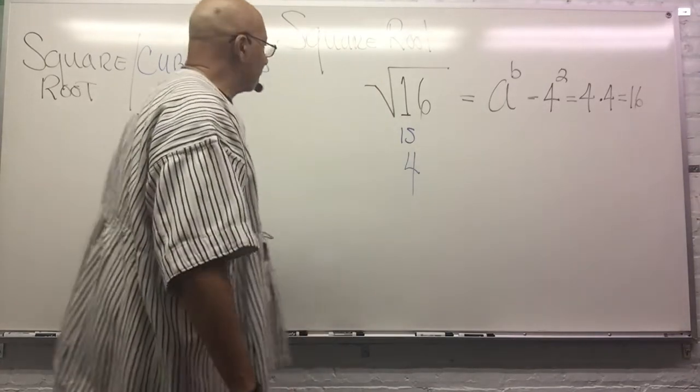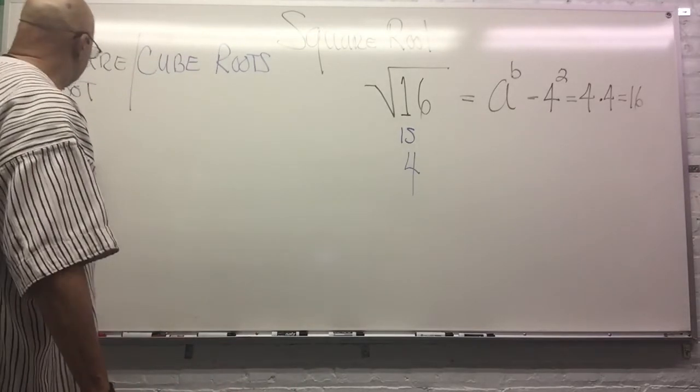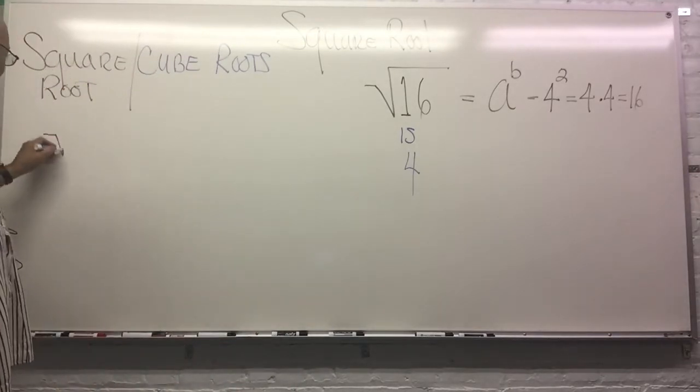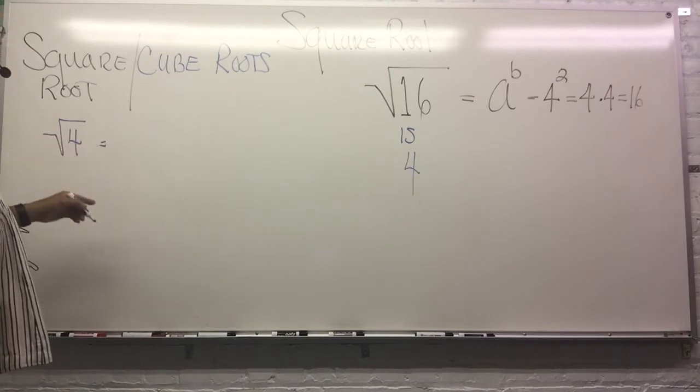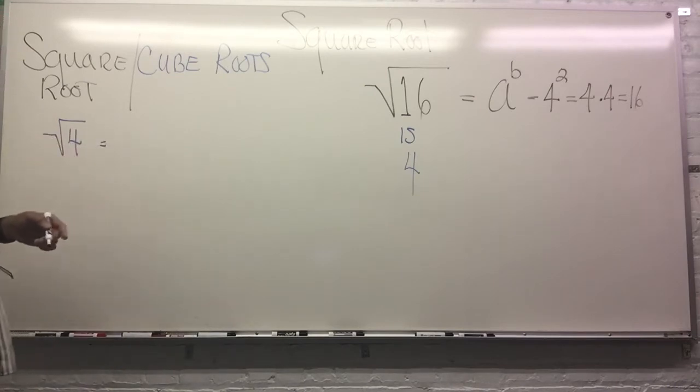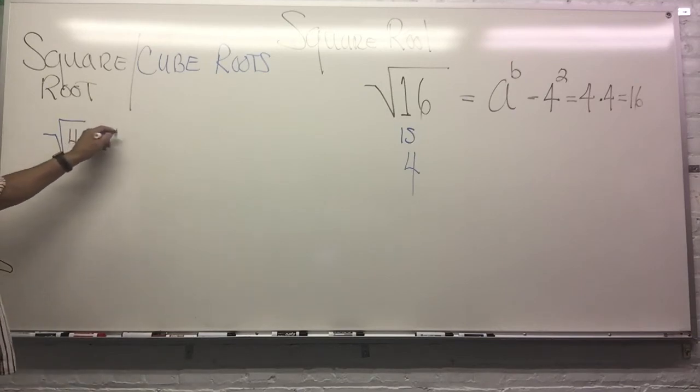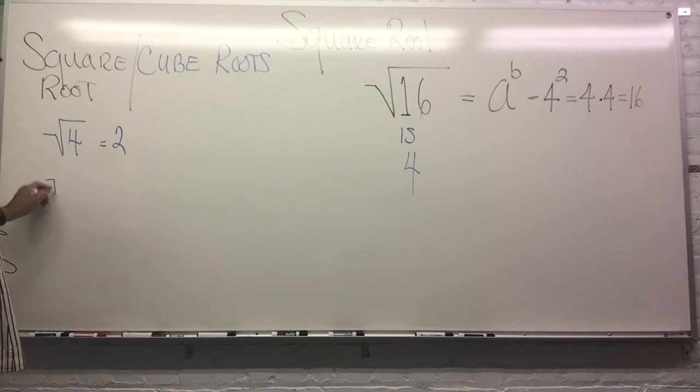Now that's easy for you, because let's say we just did the perfect ones. I say, what is the square root of 4? Or, what number times itself makes 4? You say that's 2. What is the square root of 9?